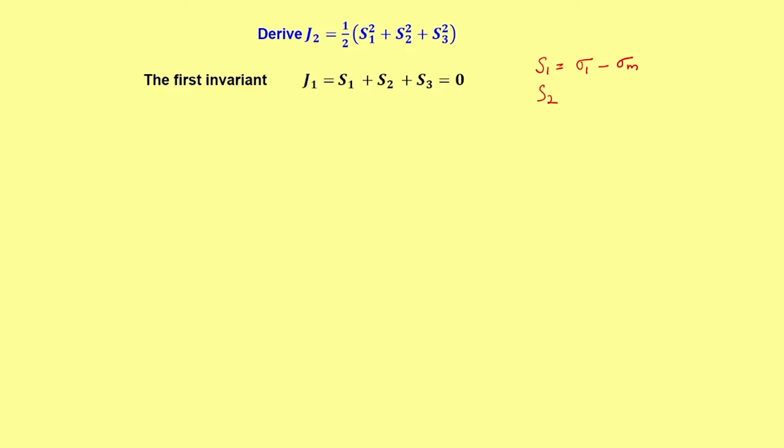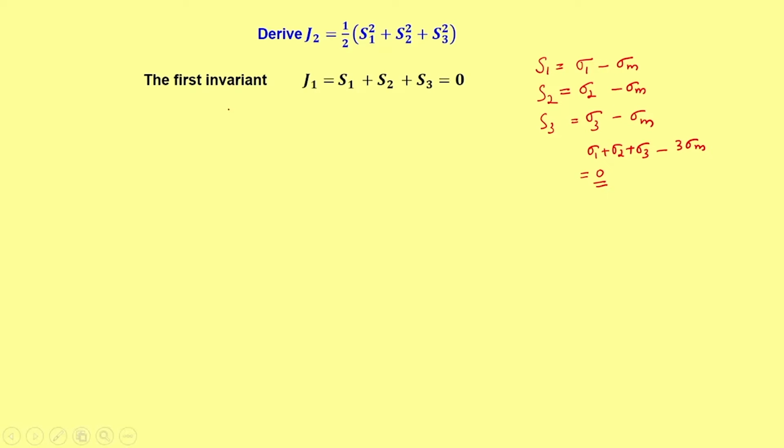S2 is equal to sigma 2 minus sigma m. S3 is equal to sigma 3 minus sigma m. Now, if you take a summation of this, you will get sigma 1 plus sigma 2 plus sigma 3 minus 3 sigma m. Now, sigma m is equal to sigma 1 plus sigma 2 plus sigma 3 by 3. So, if you substitute it here, this will be equal to 0.